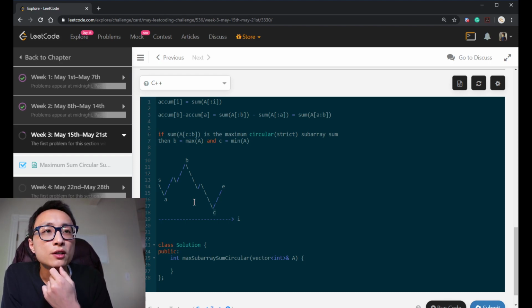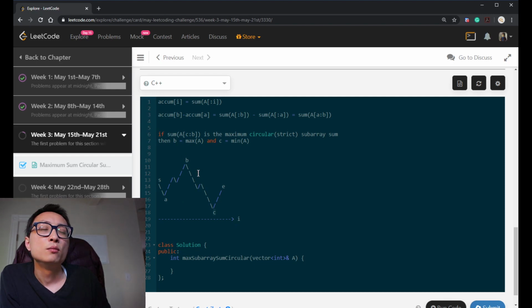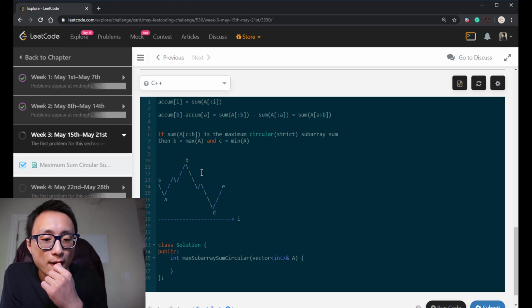The only pitfall is if the whole thing is negative, always downward. Then the total subtract the global minimum is going to be what? The minimum subarray sum is just the whole thing.